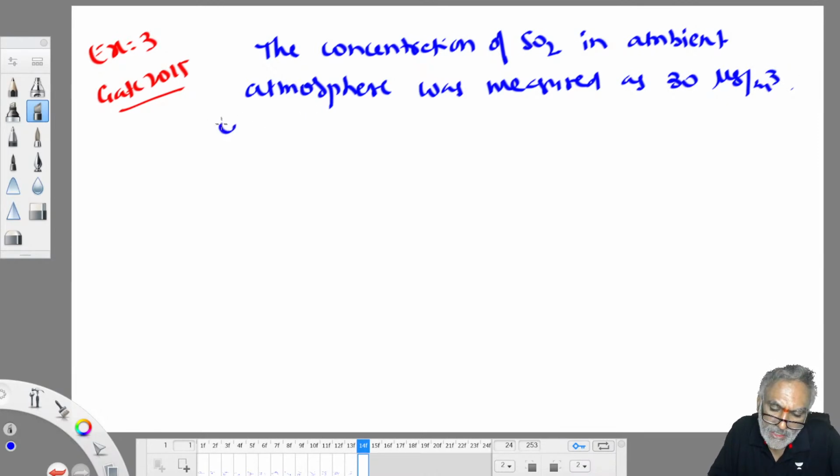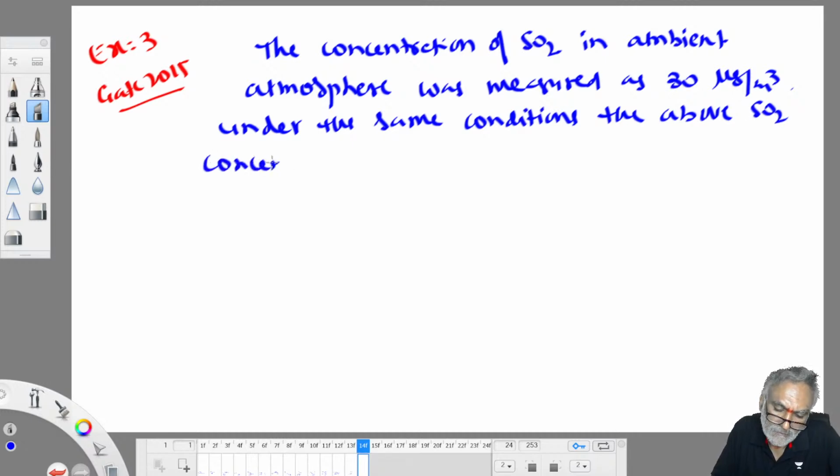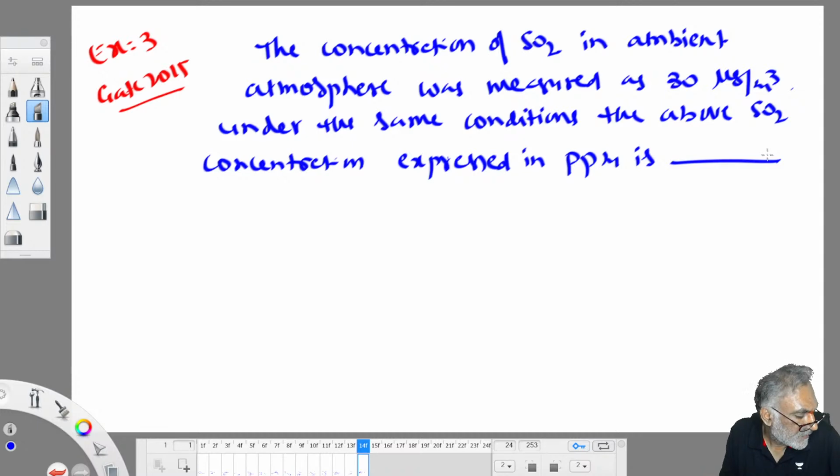Under the same conditions, the SO2 concentration expressed in ppm is dash. That was the question. Given, this data is given.